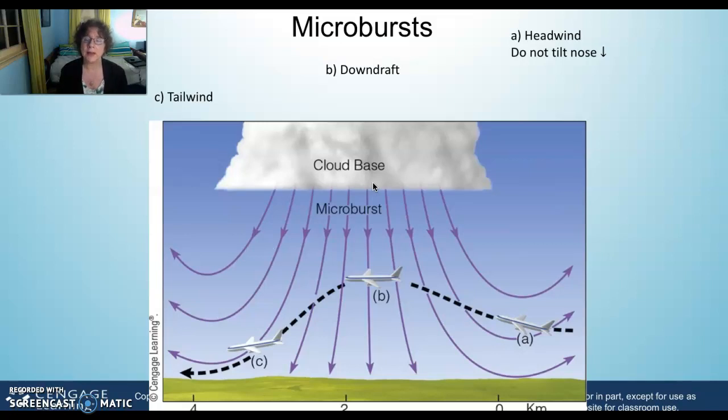And I wanted to point out to you that many crashes in the 50s, 60s, and 70s were before flights had computer algorithms to predict microbursts in front. And what would happen before those systems were in place is that the pilot would notice a headwind right underneath a massive cumulonimbus cloud.